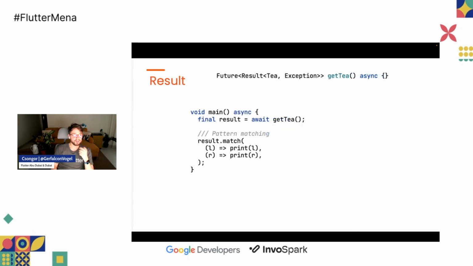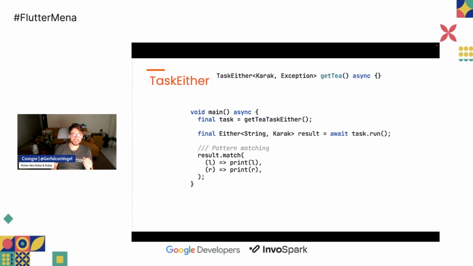And from the result object, our migration could end up like this. We can see that with one function, this can also be handled by fpdart.